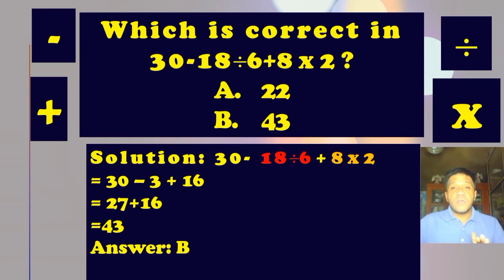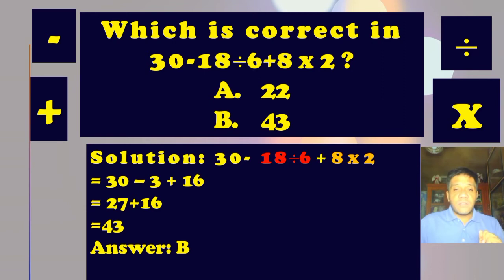That would be the first thing we should do in our expression. So what is 18 divided by 6? 3. Then what is 8 times 2? 16. Now, we copy 30, then minus 3 because of 18 divided by 6, then 8 times 2, which is 16.